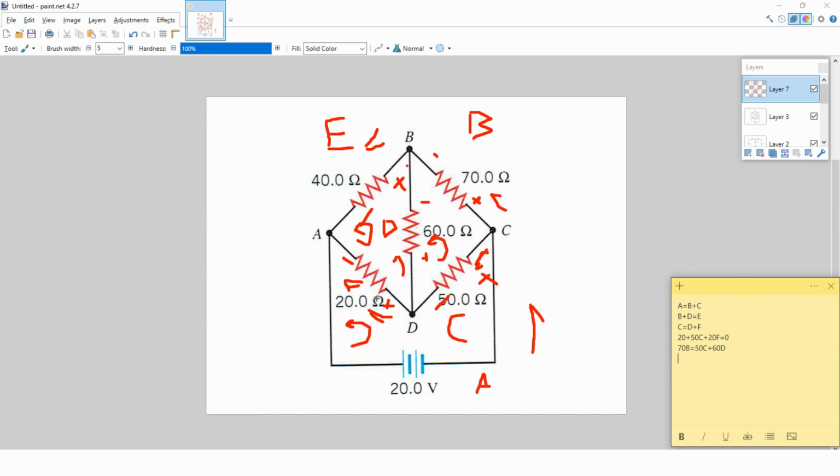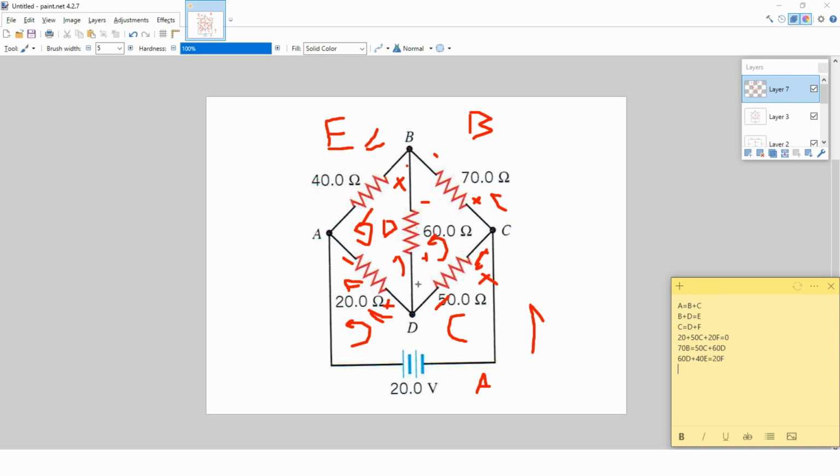Plus, plus, minus, plus. So we have, this one is a decrease, 60D plus 40E is equal to, this one is an increase, so that's 20F.